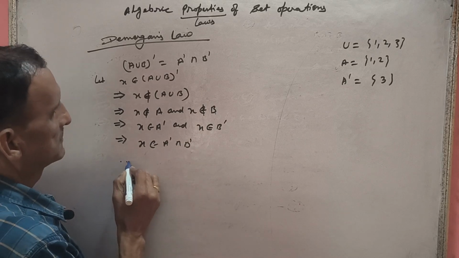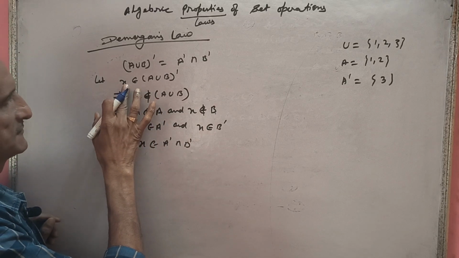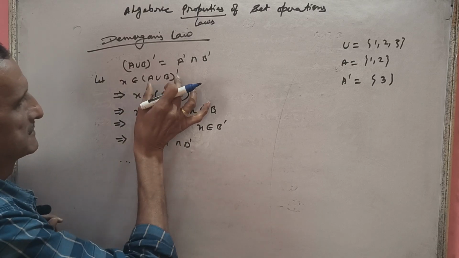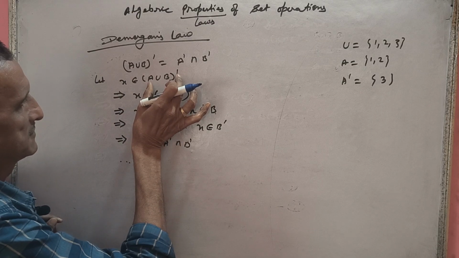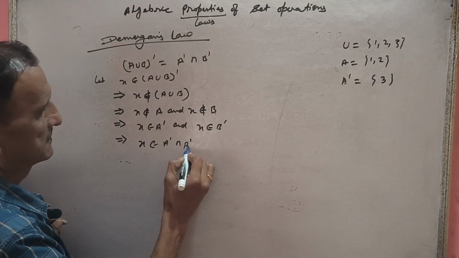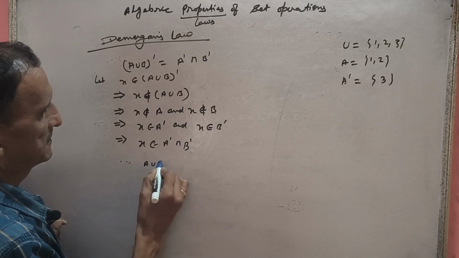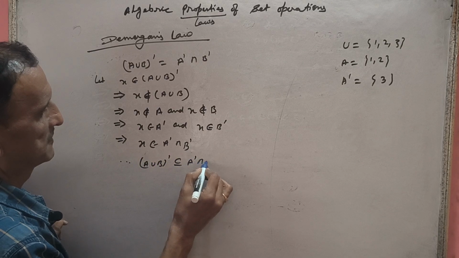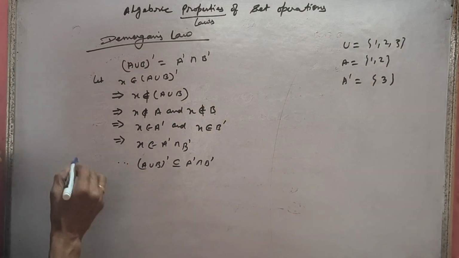Therefore, see, we have started from here and arrived here. What is the meaning? Every element of here belongs to this. So therefore, what we will get? (A union B) whole complement is a subset of A complement intersection B complement.